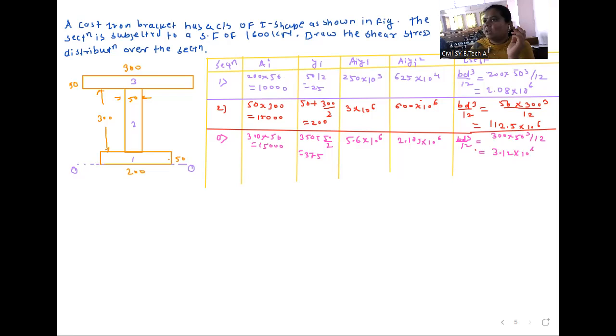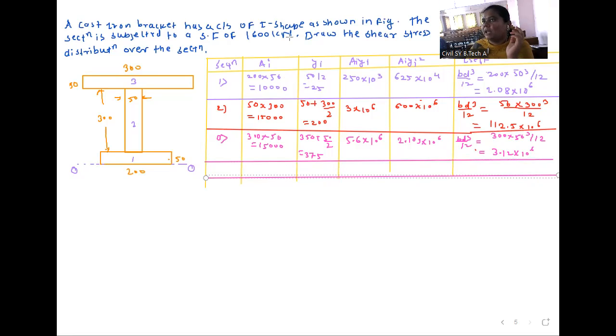Now sections are over. We will take addition of all these. So first we will take summation of area, which is equal to how much? 15 plus 15, 30, that is 40,000, right? After that, summation of ai yi. Here also you take 5.625.